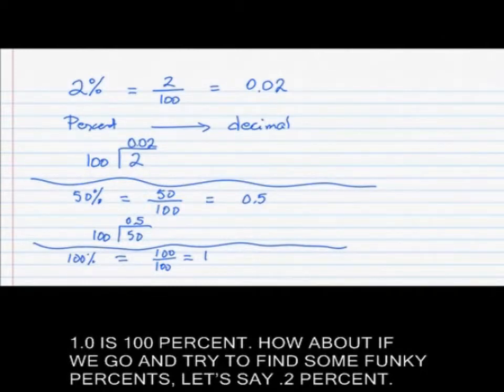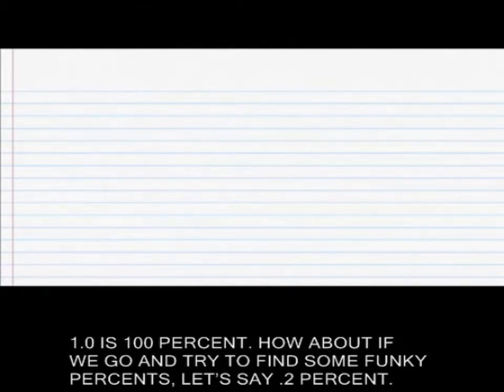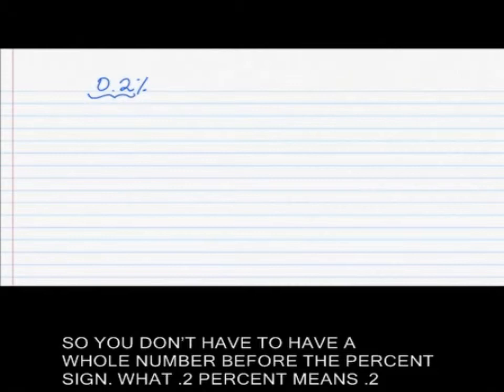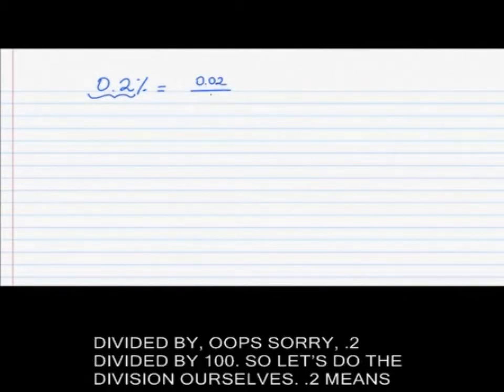How about if we try to find some funky percents? Let's say 0.2%. So you don't have to have a whole number before the percent sign. What 0.2% means is 0.2 divided by 100.